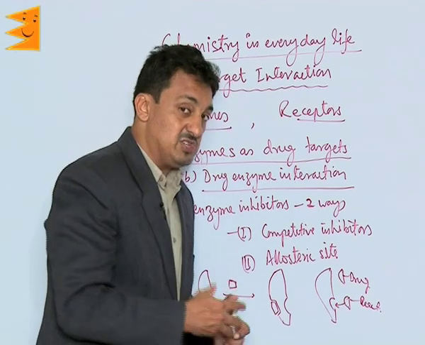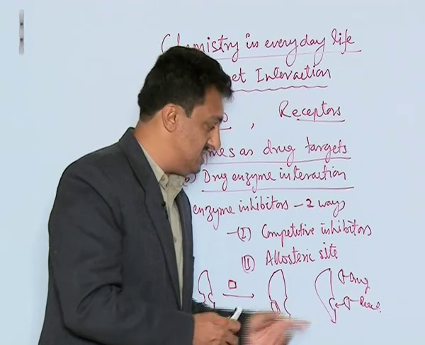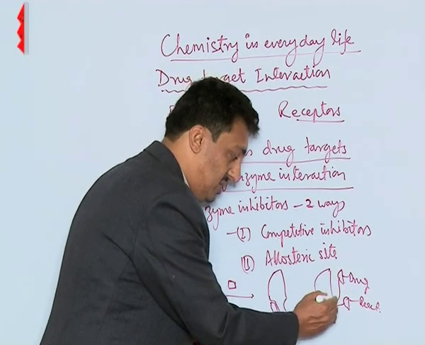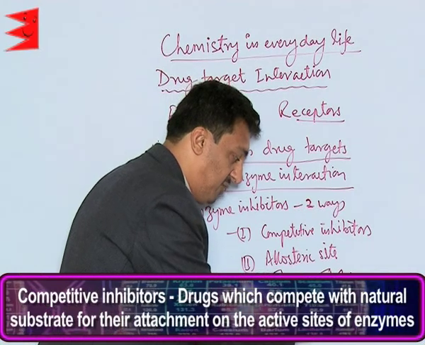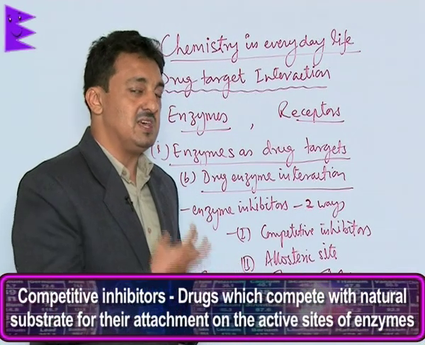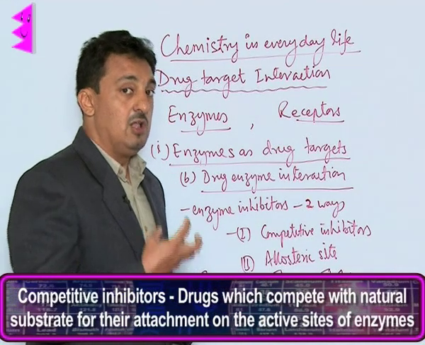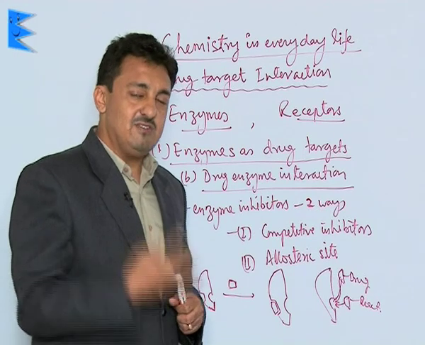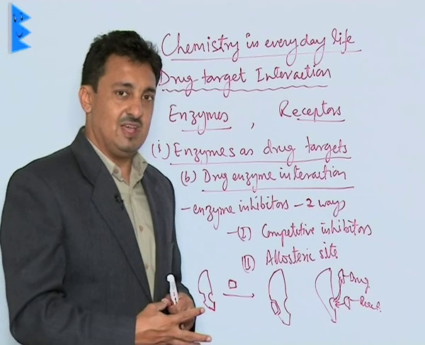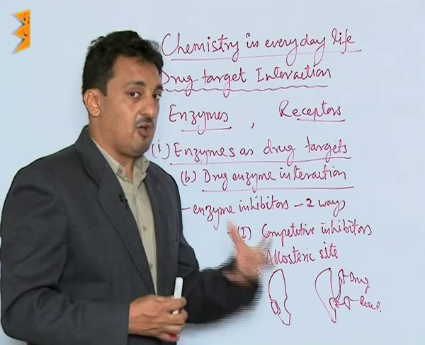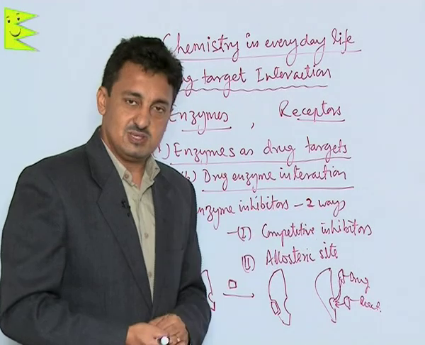So the drugs which compete with these molecular species for the enzymes, and get absorbed first on the active sites, thus block those active sites and inhibit their enzymatic activity, are called competitive inhibitors. So those drugs which inhibit the activities of the enzyme by competing with the substrate and blocking their active sites are called competitive inhibitors.